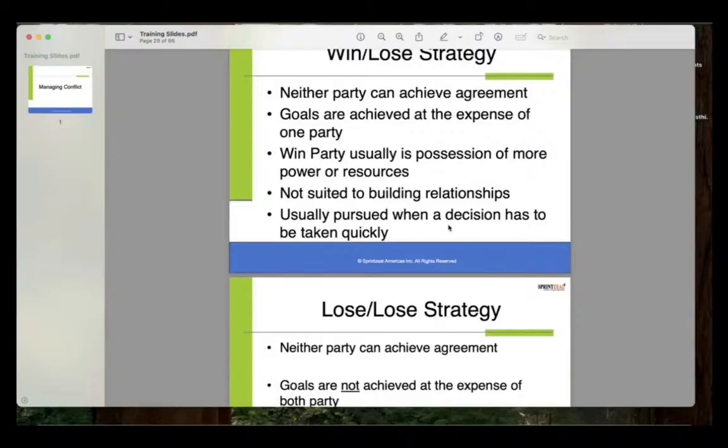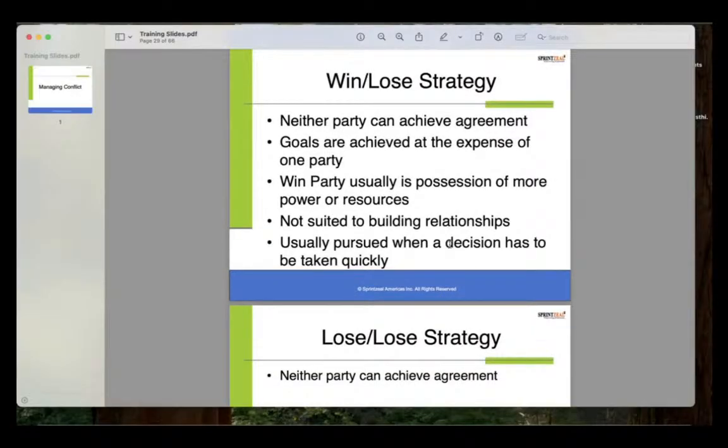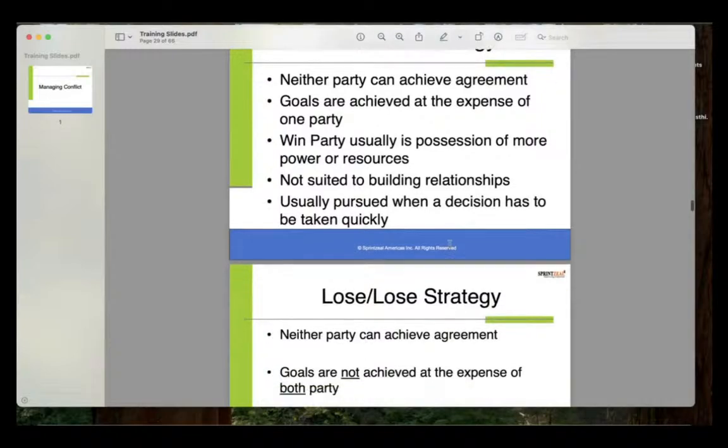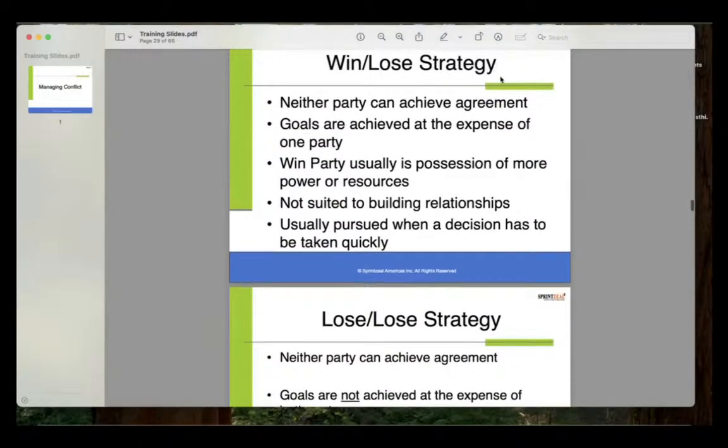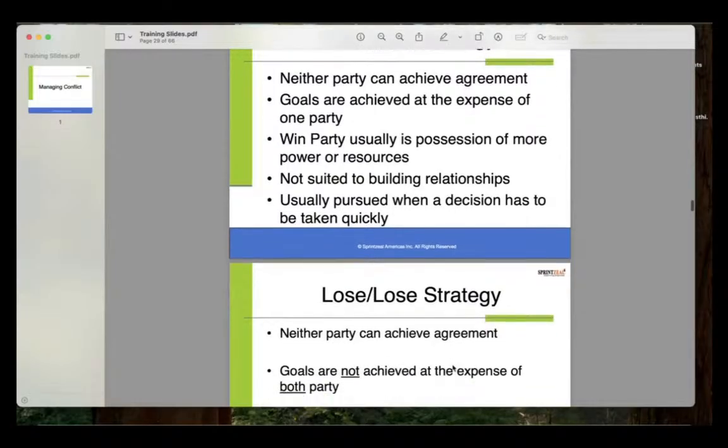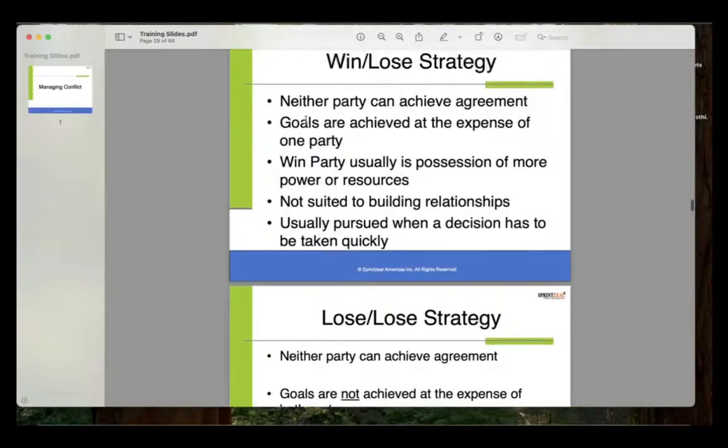Like in win lose strategy, we saw when the decision has to be taken quickly, that is when we usually use this strategy. Okay. Similarly, in lose lose strategy, neither party can achieve agreement. In this also we can see neither party can achieve agreement, so it is kind of similar. Then goals are not achieved at the expense of both parties, while in win lose we saw that goals are achieved at the expense of one party.